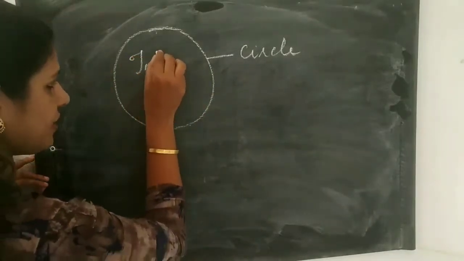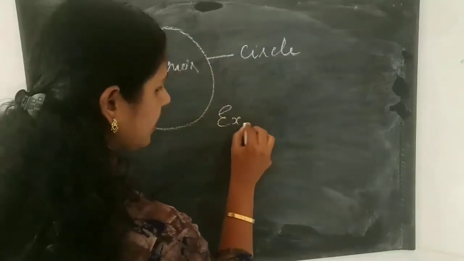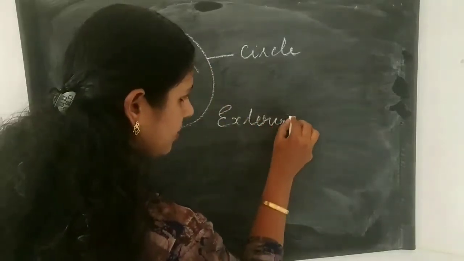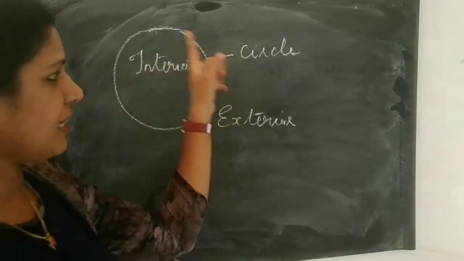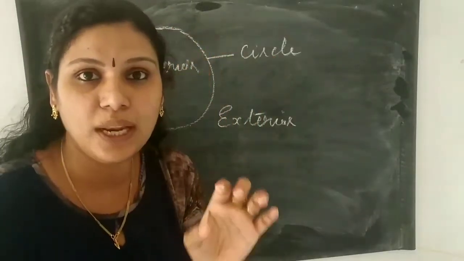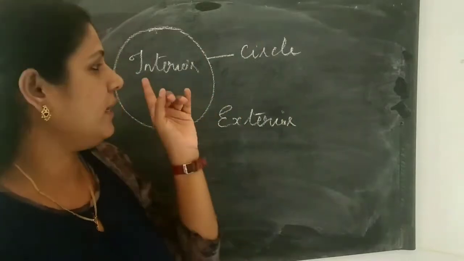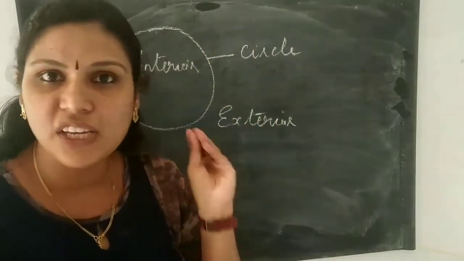This is interior. This is exterior. Okay. This interior portion together with the circle is known as the circular region.